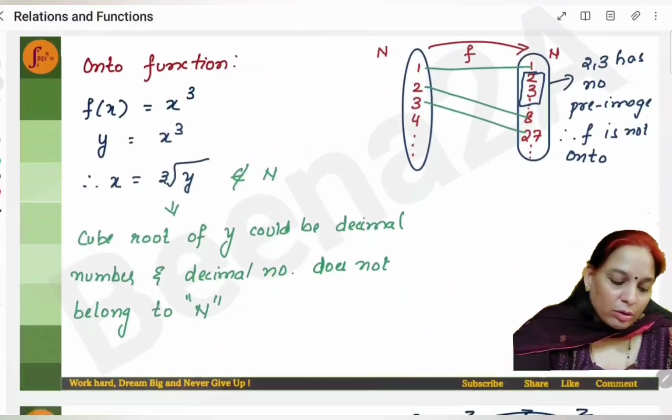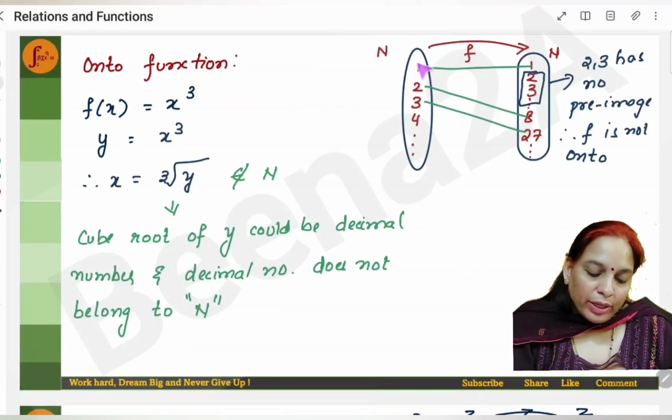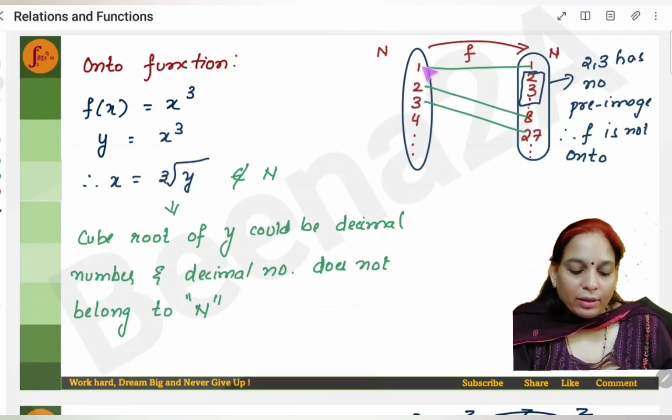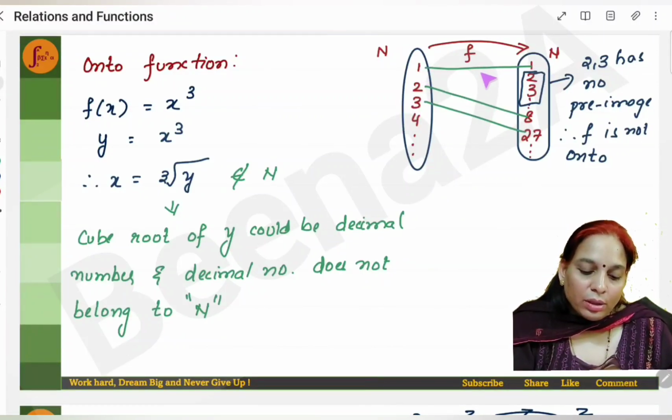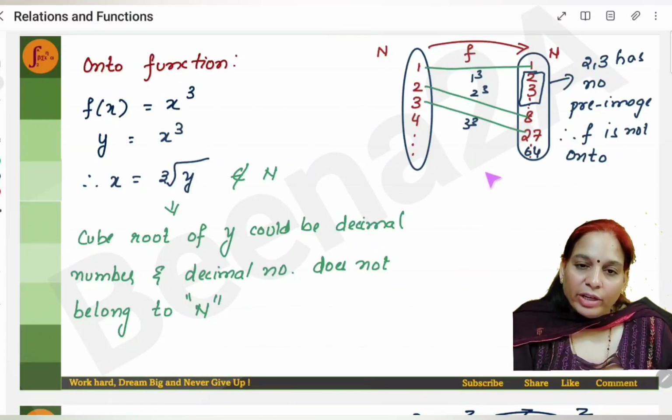Now let's see if it is onto. For onto, using an example, you take any number from 1 to infinity, right? 1 cube is 1, 2 cube is 8, 3 cube is 27, 4 cube will be 64, 5 cube will be 125.